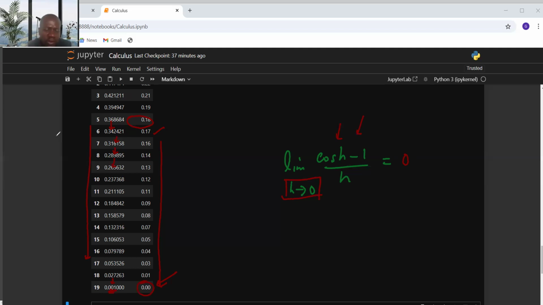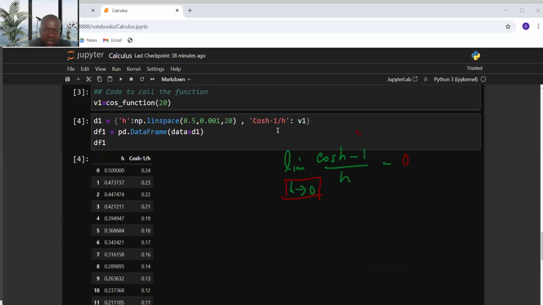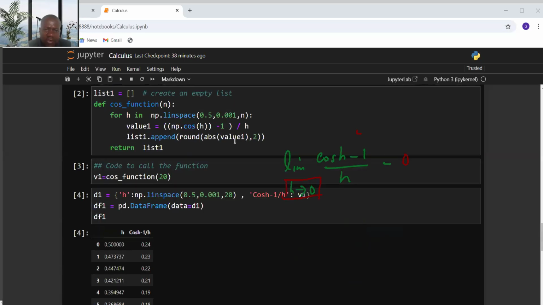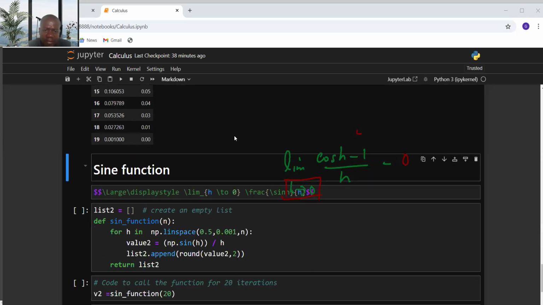So now we can conclude that the limit when h approaches 0 of cos of h minus 1 over h becomes 0. I believe you are following, ladies and gentlemen.